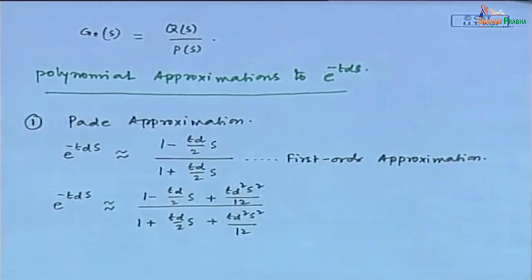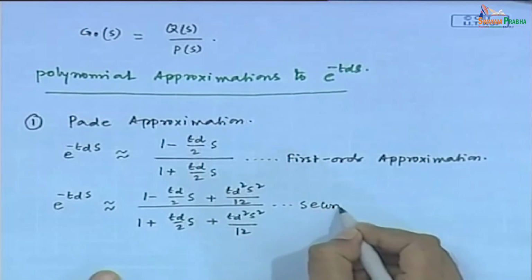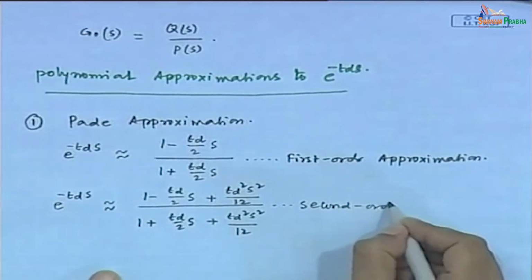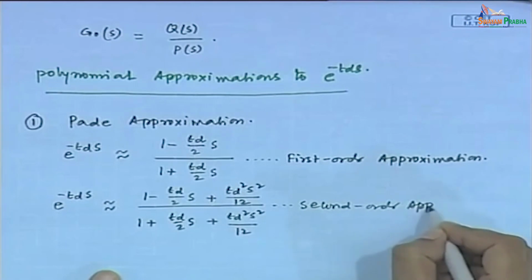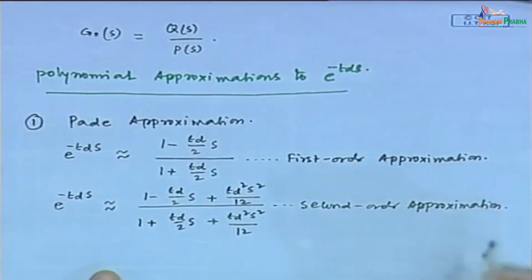We can write the exponential term by this form, and this is called second order Padé approximation.